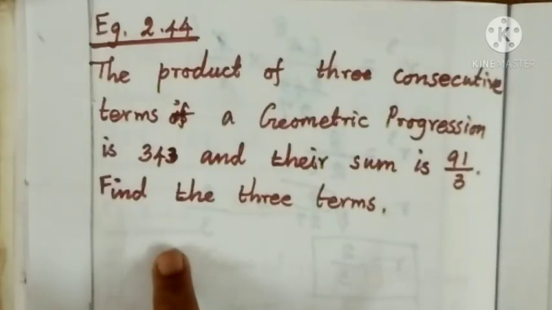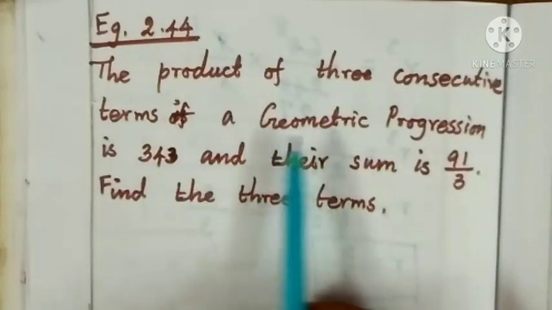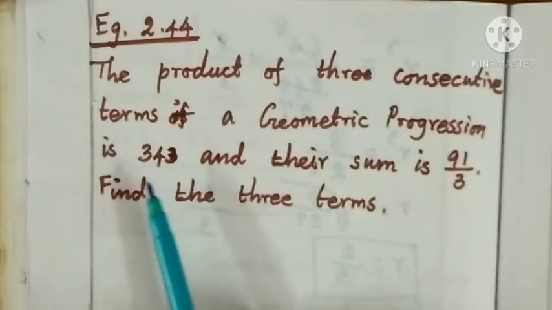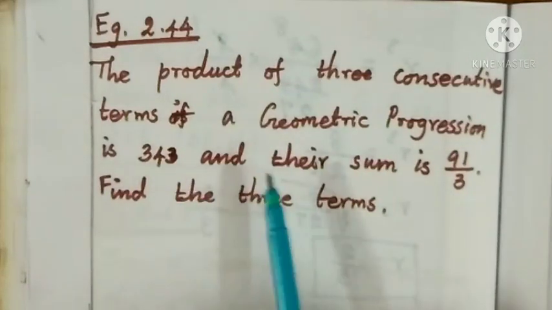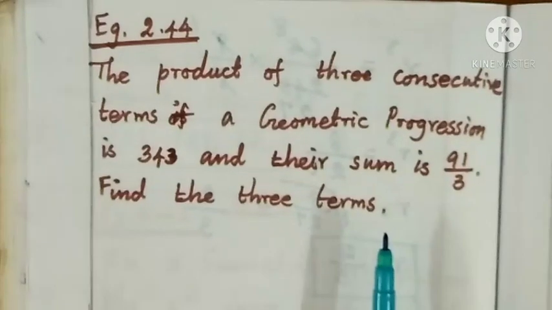Now we move on to the next example 2.44. See the question. The product of three consecutive terms of a geometric progression is 343 and their sum is 91 by 3. Find the three terms.